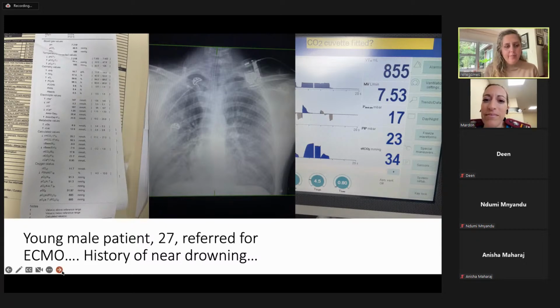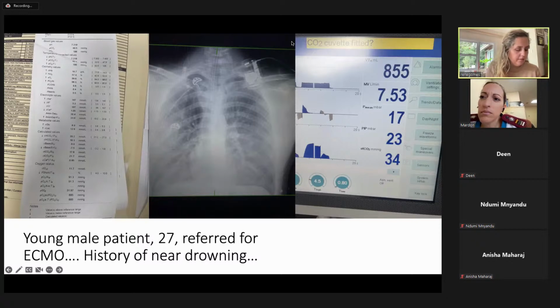All right, let's carry on. What happened next? I just want to see on the ventilation side, we've got a very large tidal volume. Like I said, this patient was only 165 centimeters tall. So this tidal volume is way over what is recommended, right? It's the expiratory volume, but we've got an 855 coming out of the patient, and he's 165.